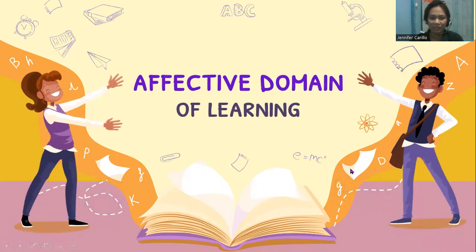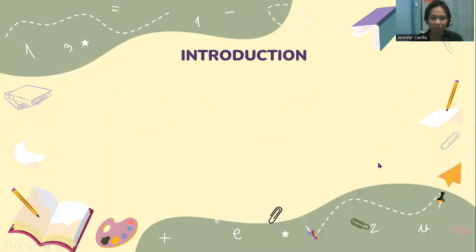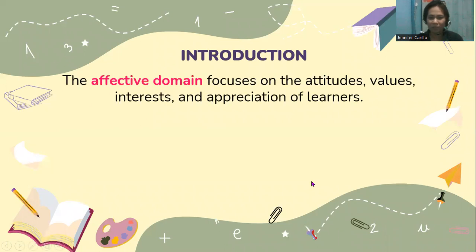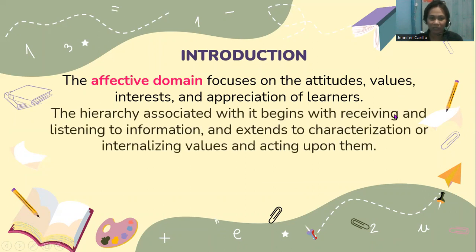So let us discuss the levels of the affective domain. What is the affective domain and why is it important? The affective domain focuses on the attitudes, values, interests, and appreciation of learners. The hierarchy associated with it begins with receiving.